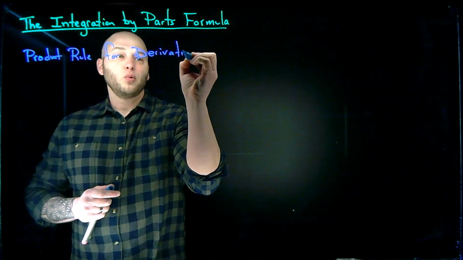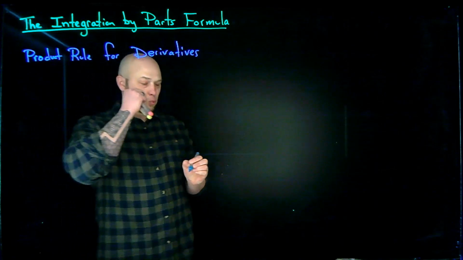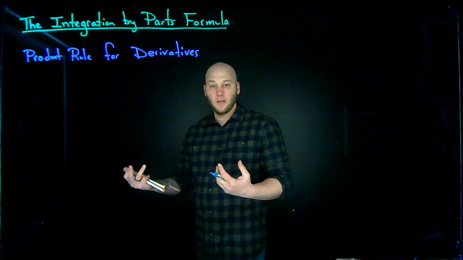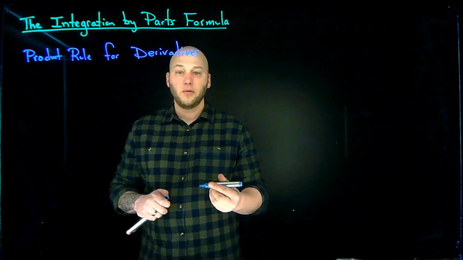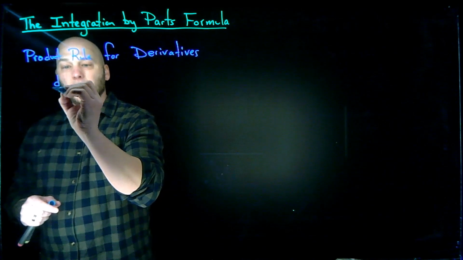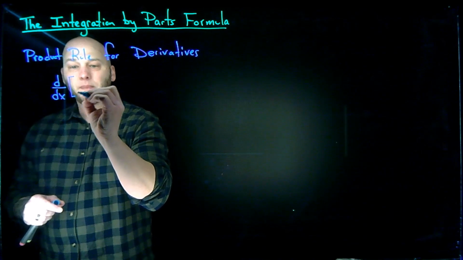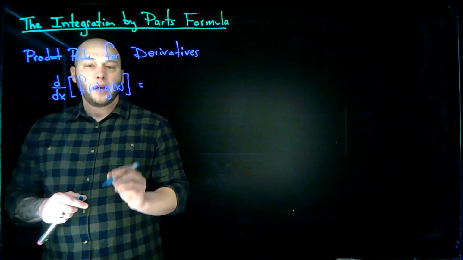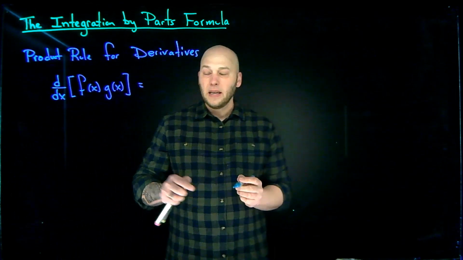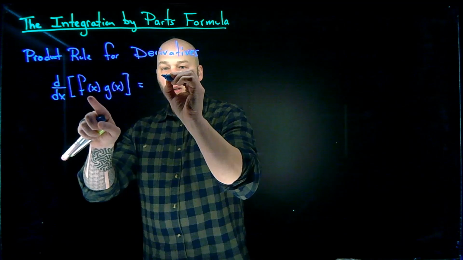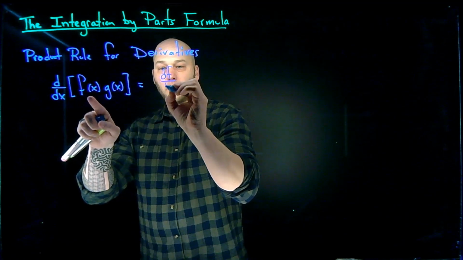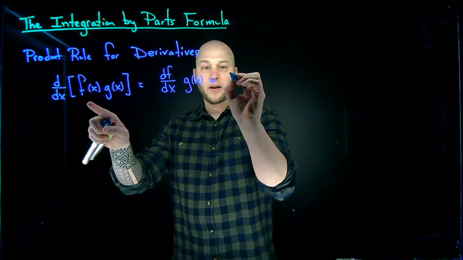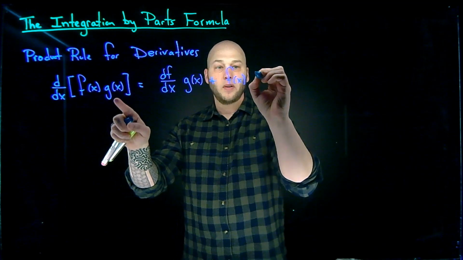The product rule for derivatives is a differentiation rule that allows me to find the derivative, as the name says, of a product of two functions. In other words, if I have a product f times g, in order to differentiate this, I differentiate the first function, so that would be the derivative of f times g of x, plus the first factor, f of x, times the derivative of the second factor.